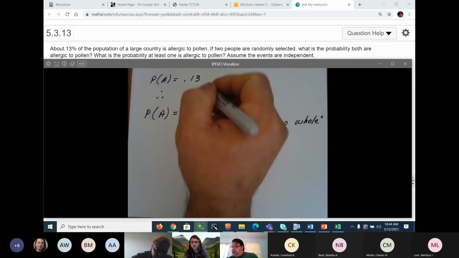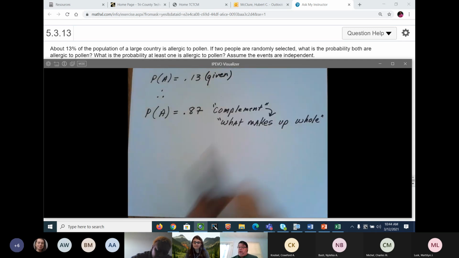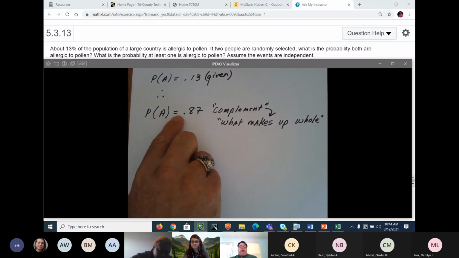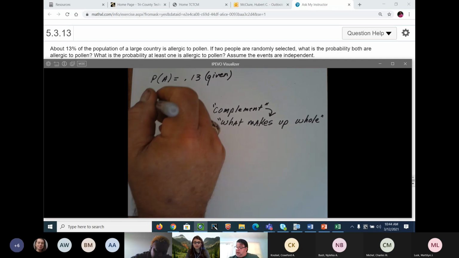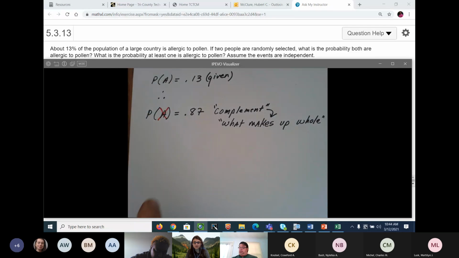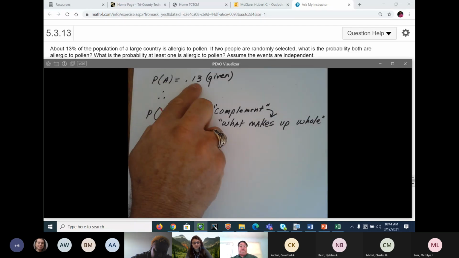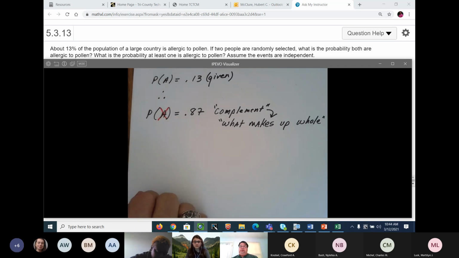What were you given? You were given that the probability of being allergic is 0.13. So somebody tell me what this is. The probability of what? Not being allergic. And you put a big red X through that. So we have the probability of being allergic is 0.13, and the probability of not being allergic is 0.87. Okay, now let's read the question.